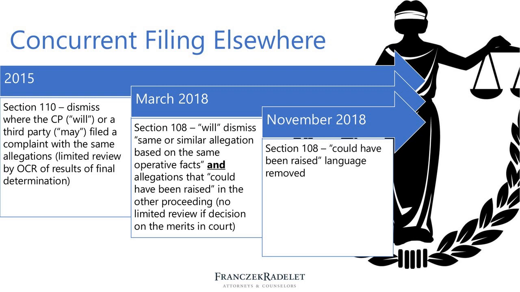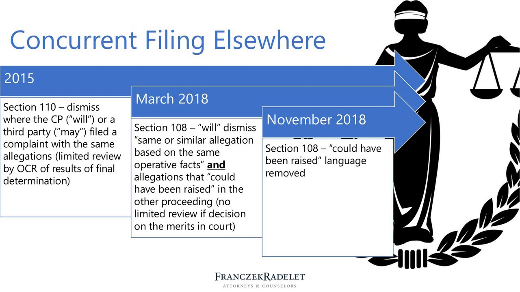And then once that complaint in the other body was finished, you would be able to come back to OCR, and OCR would do a limited review just to make sure that the evaluation in the other body wasn't completely screwed up. In March 2018, there was language added to the CPM where any complaint, no matter who it was filed by, would be dismissed if the complaint filed in the other body had the same or similar allegations.